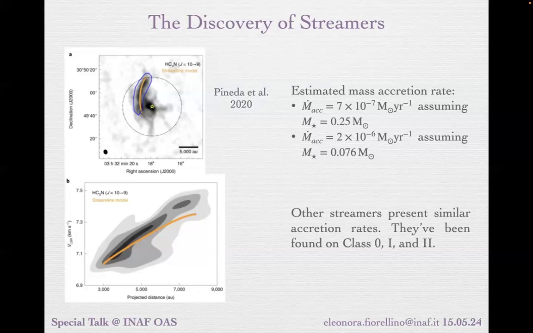And the problem is that models are time consuming, so either you start from the classical T Tauri stars and go on to more evolved disks, or you start from the core collapse and go up to the beginning of class 0, but for sure you don't take into account the class 1s.